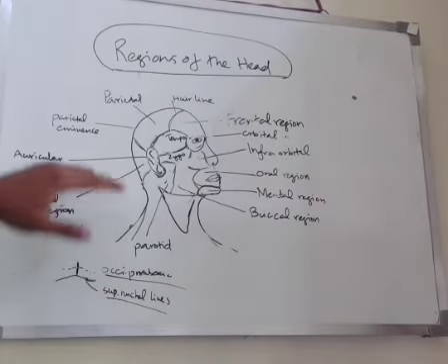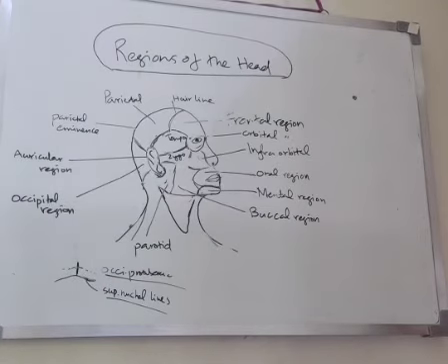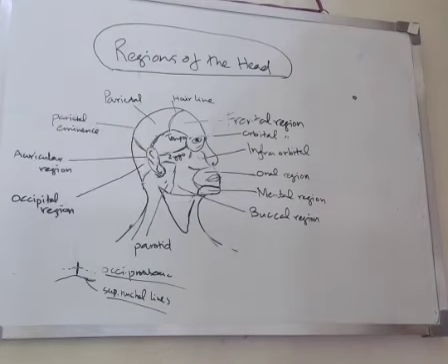Just above these superior nuchal lines and occipital protuberance the occipital region occurs, just behind the parietal eminence.